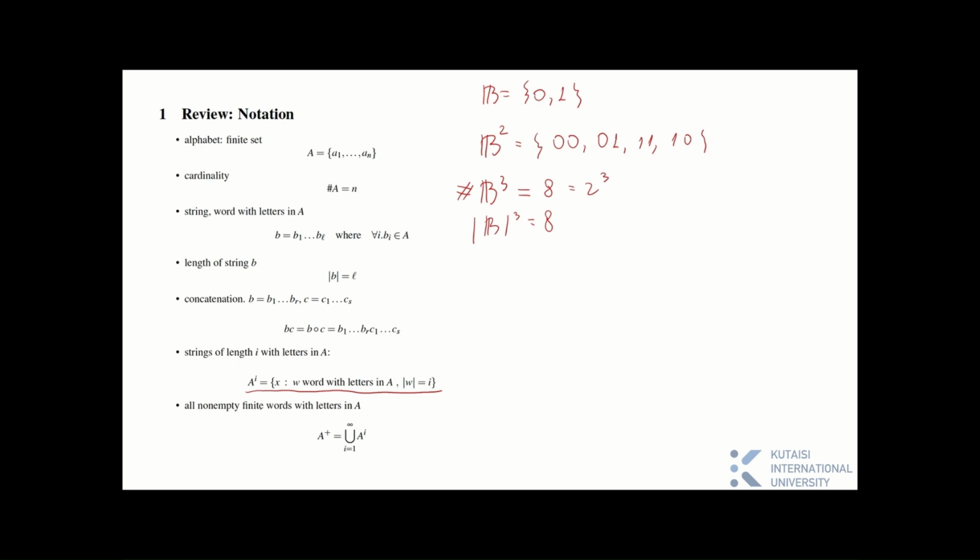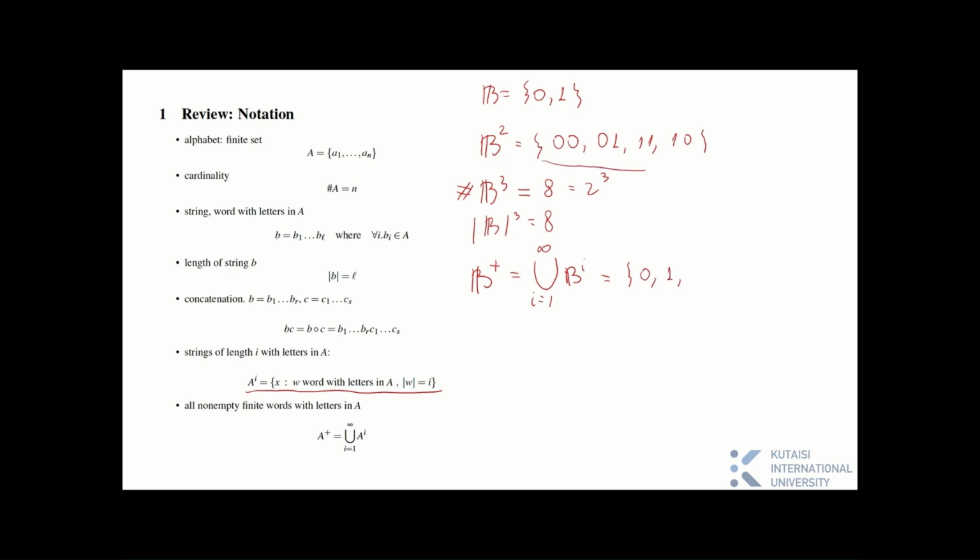And then by A plus, for an alphabet A, I mean the union of all such things. So for example, B plus would be the union, i goes from 1 to infinity, of all B_i's. So it will include all possible strings of some finite size that you can create from B. So this will include, for example, 0, 1.